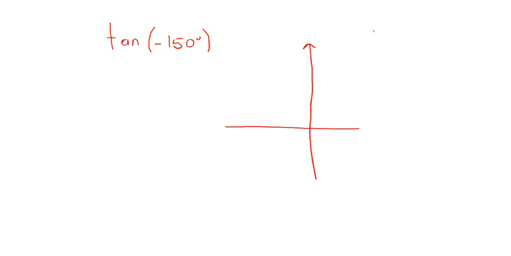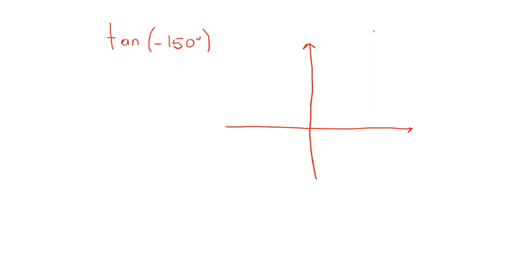So hopefully you're used to seeing our little unit circle now. Now, because it's a negative angle, it means instead of going anti-clockwise from here, we're going to go clockwise. So here's 0, here's negative 90, and here's negative 150. And you can see I've actually ended up back in the tan quadrant.